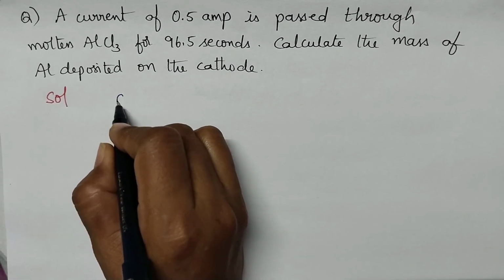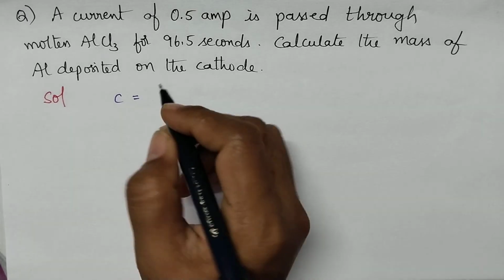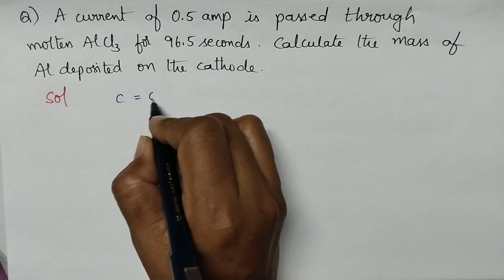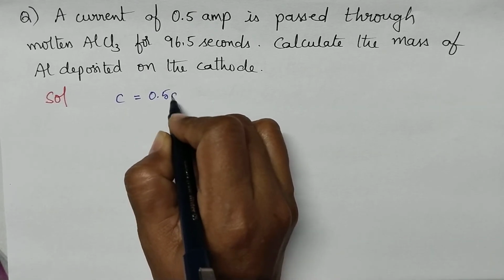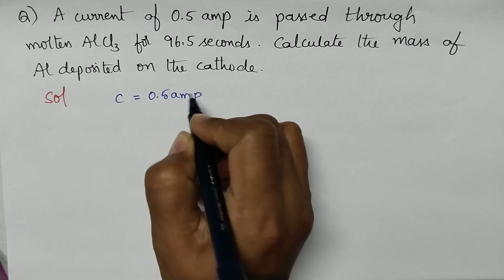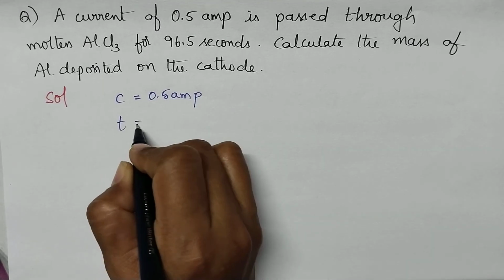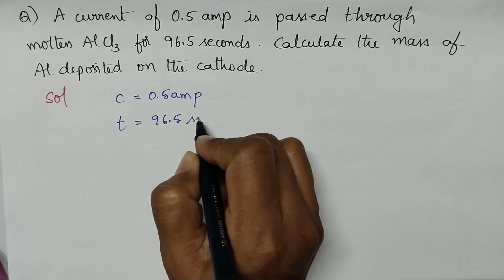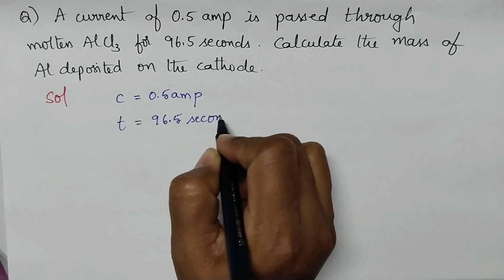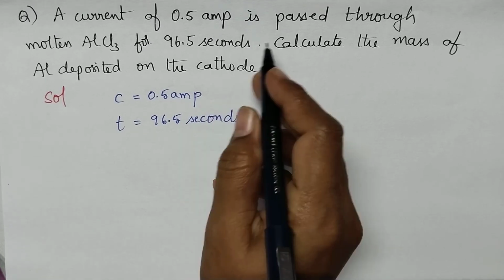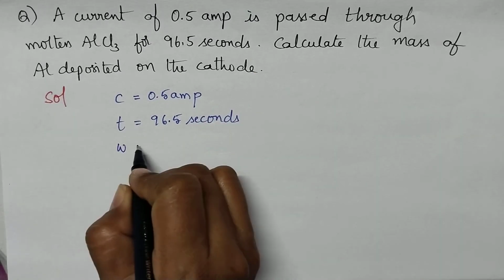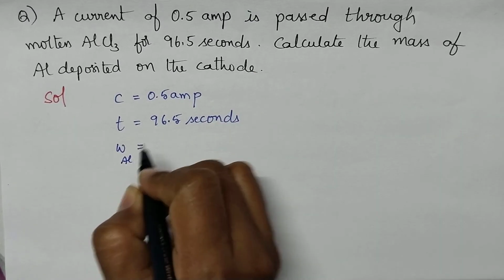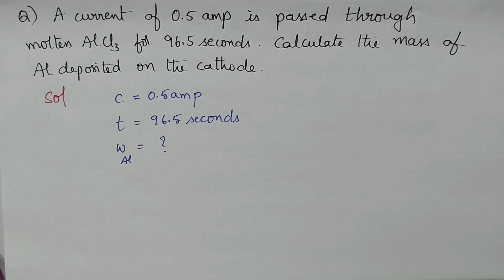So the current passed through the electrolytic solution is 0.5 amperes. The value of T is equal to 96.5 seconds. And we are supposed to calculate the mass of the aluminum deposited.